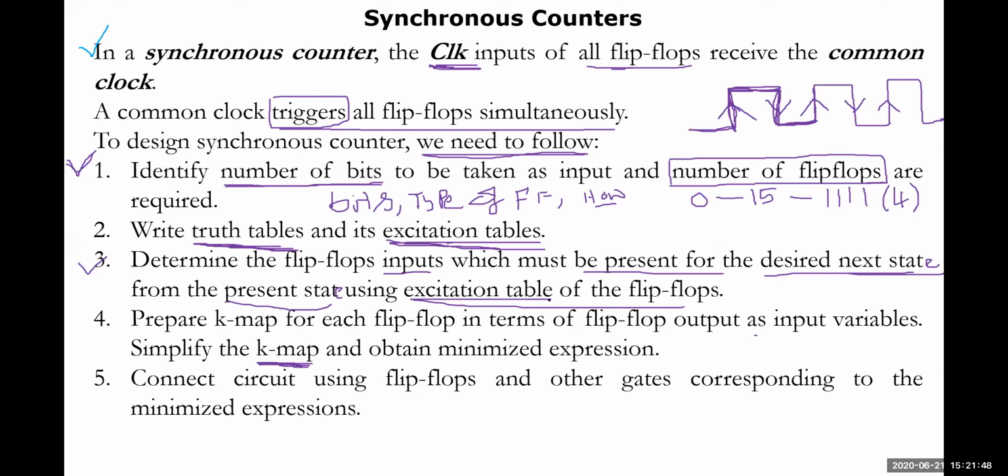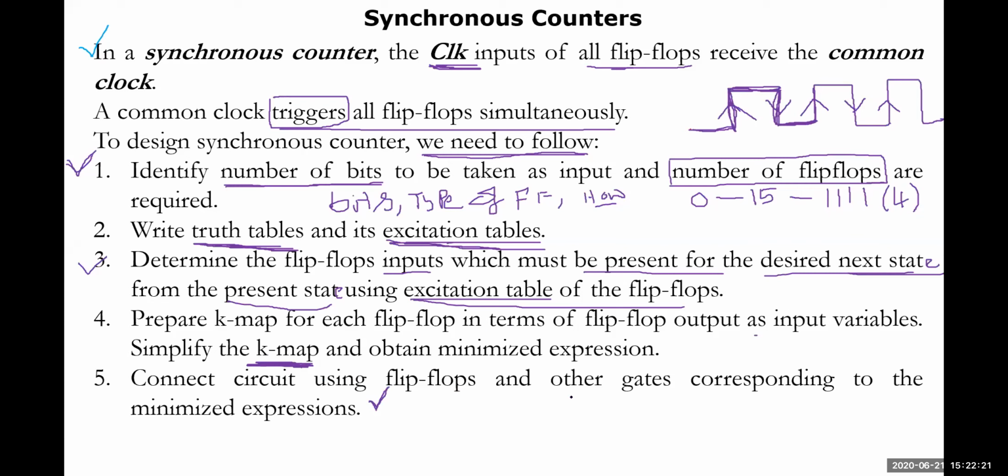After that, for every input of a flip-flop, you need to draw a Karnaugh map, and the required values can be deduced from the Karnaugh maps. After deducing the inputs, you need to draw the logic diagram finally. So this is the total number of steps we need to follow to implement a synchronous counter.